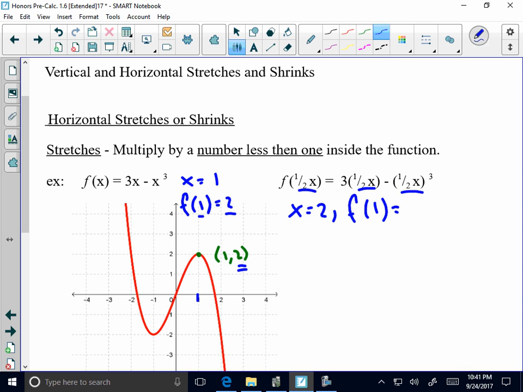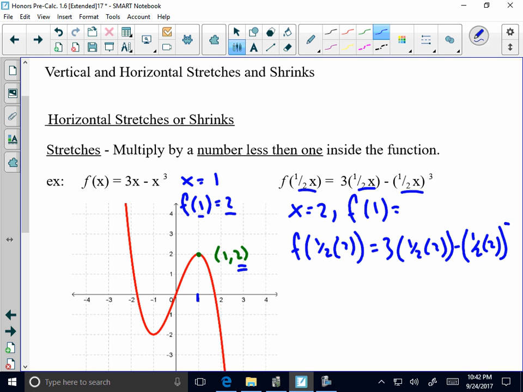So when we plug in 2, we get f of 1/2 times 2 equals 3 times 1/2 times 2 minus that 1/2 times 2 cubed. And of course, this is f of 1, which gives us 3 times 1 minus that 1 cubed, which is 2, right?